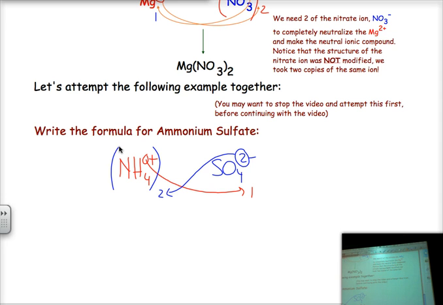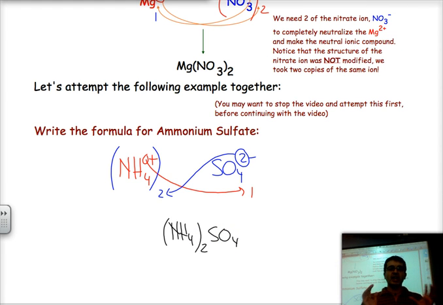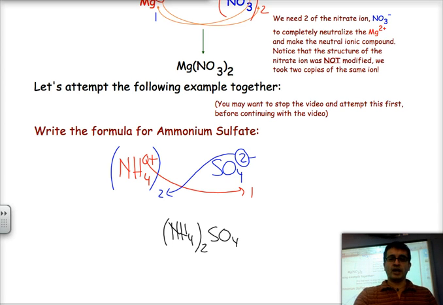So my actual compound would look like this. Notice that I have not changed how I write ammonium. It's still NH4. I'm not including the charge because when it's part of the entire ionic compound, the charges cancel each other out. It doesn't mean that the charge ceases to exist. It's just that because it's next to a negative, we do not experience the entire charge. All right? Hopefully you got that one right.